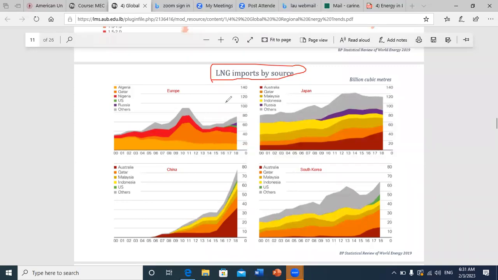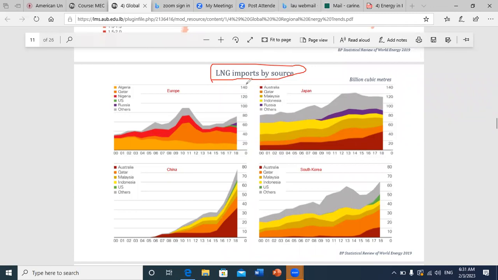And when we talked about the electricity problems in Lebanon, one of the solutions was to import liquefied natural gas from Egypt. So it is a resource that we are relying on to produce electricity and to produce energy.